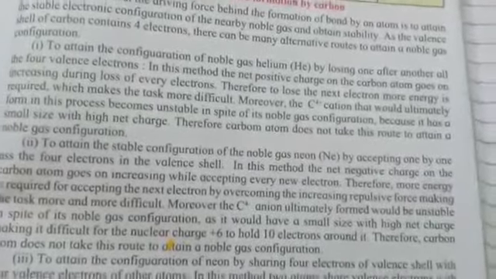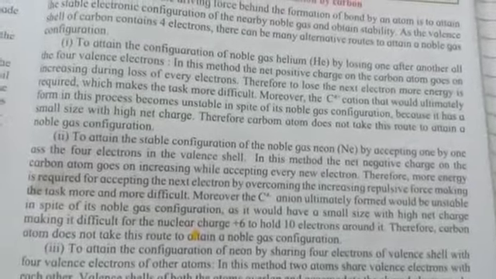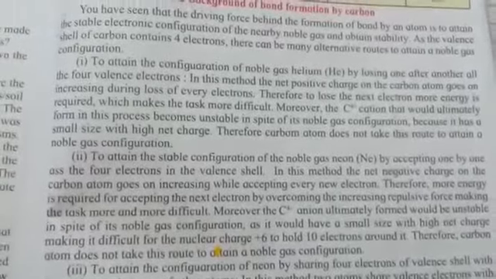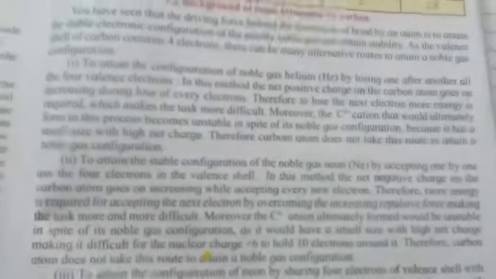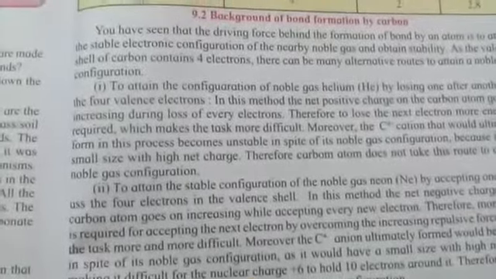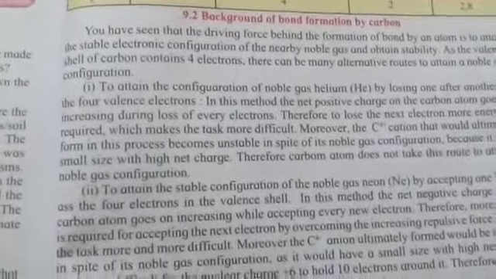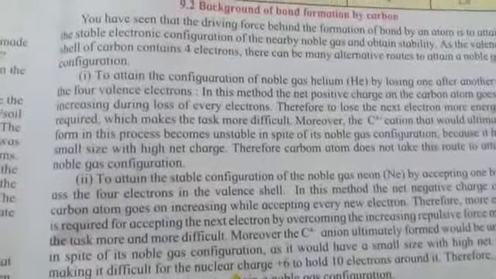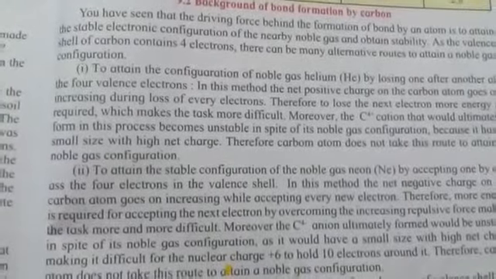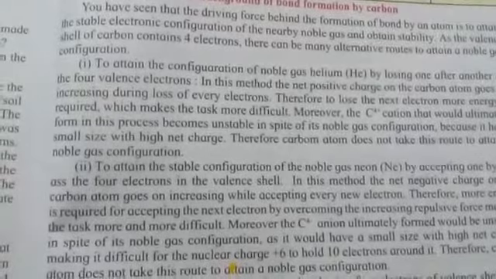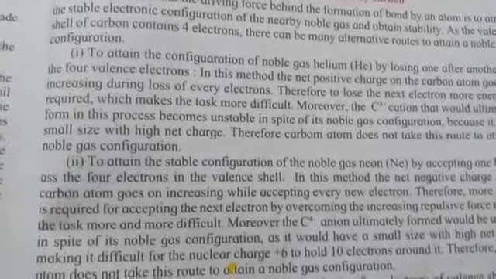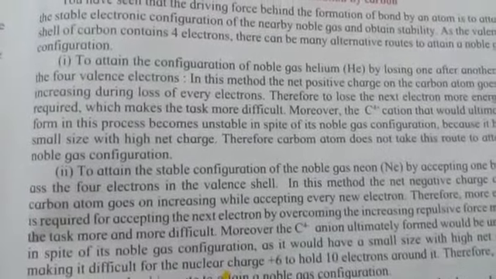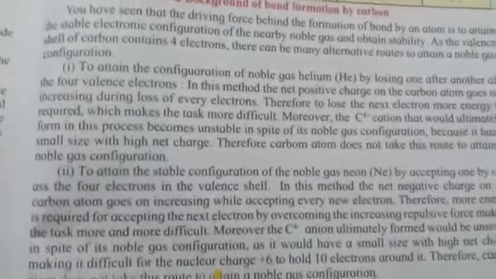So formation of the cation is going to be quite difficult for it, and such a cation is going to be unstable though it has attained the noble gas configuration, because it will have a very small size, and the positive charge on the nucleus or on the entire atom is going to be very high. So if carbon loses electrons and forms a positively charged ion, it is going to be very difficult for the carbon atom.